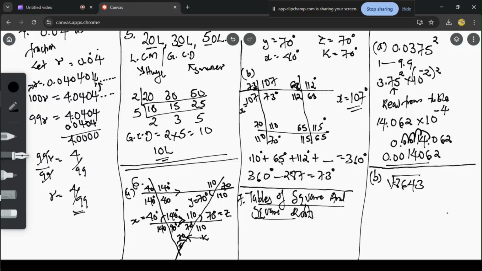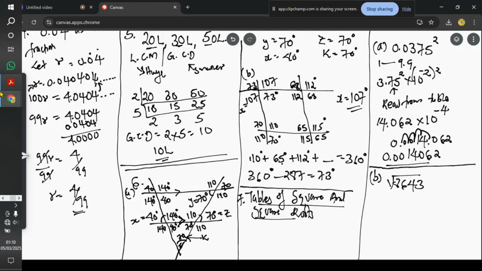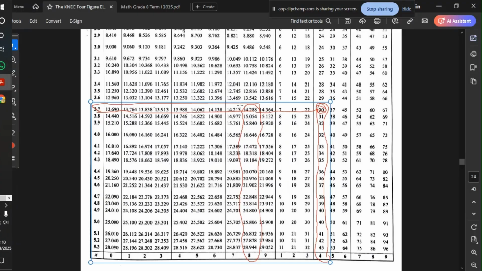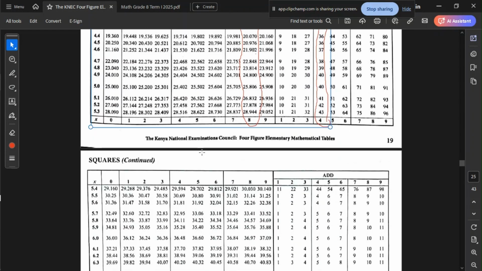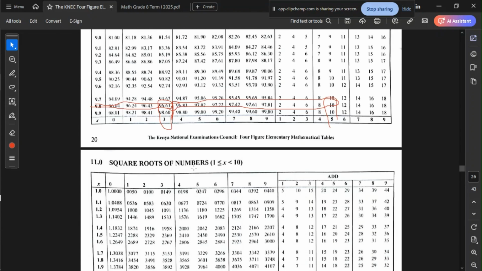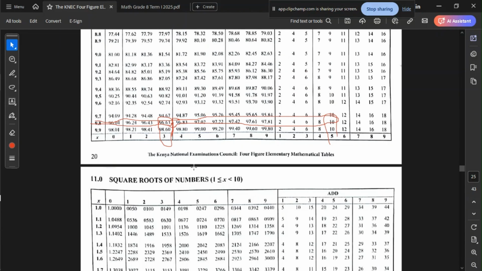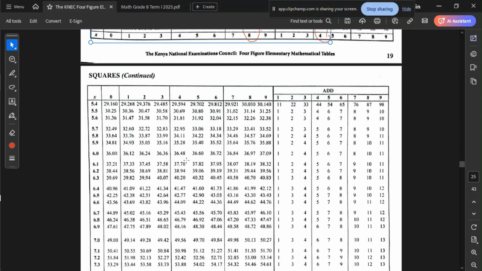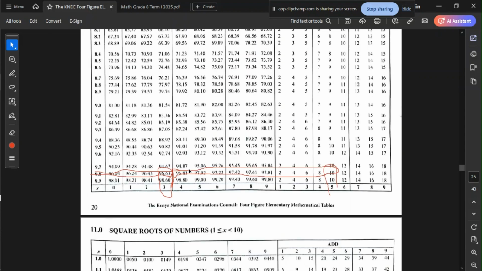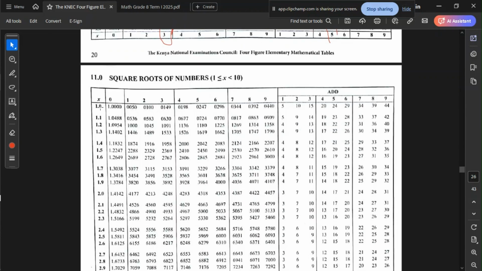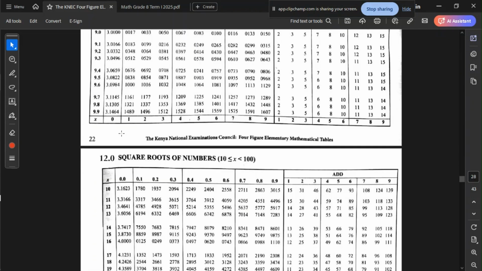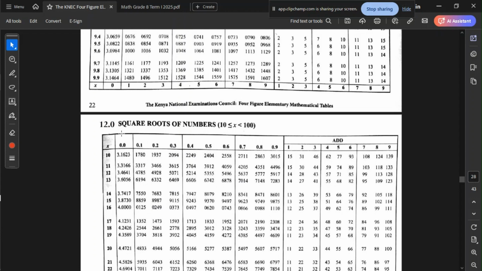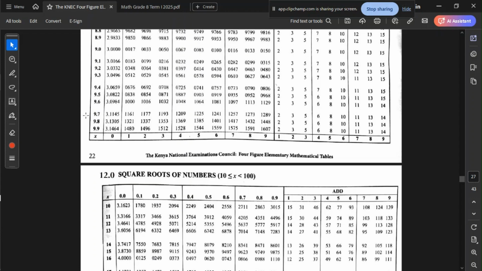643. So I'll come and ask myself, in the table of square and square root, if I check square root, so this is a square, let me go to square root to see the number. The least number is 1.0, and it goes all the way up to 9.9.